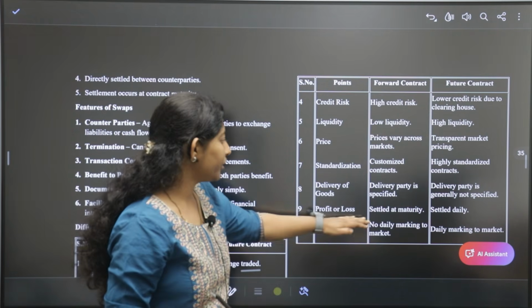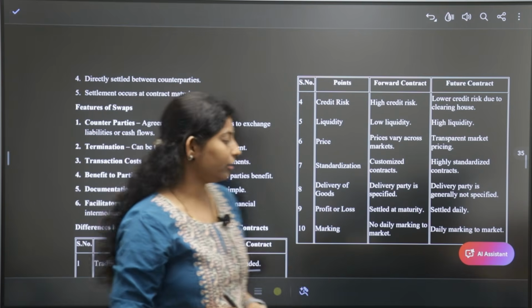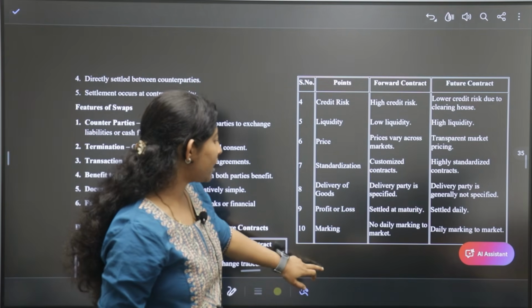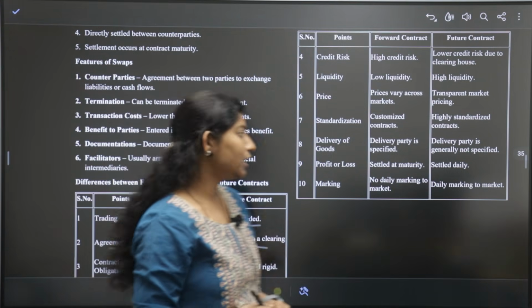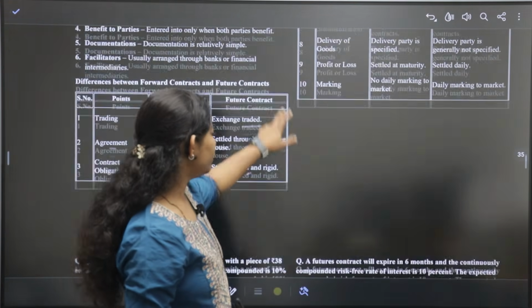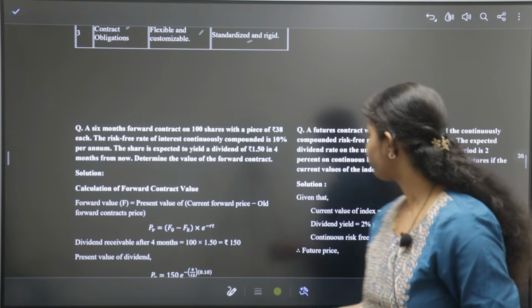Very simple. Profit and losses: settled at maturity, settled daily. Next, marking: no daily marking, but here daily marking is done. So that is the difference between the forward and futures market.